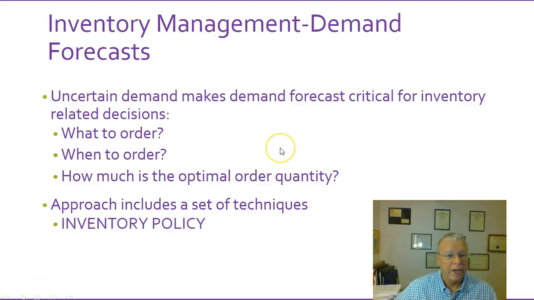Okay, so uncertain demand makes demand forecasting obviously more critical. And what and when, how much is the optimal quantity? And this then, as I said before, is linked back into the inventory policy, not into the demand policy. What you're doing in demand planning is saying, what am I going to sell? And that needs to be an input. Do I have the capacity? Here, sales says I want to sell 1,000.